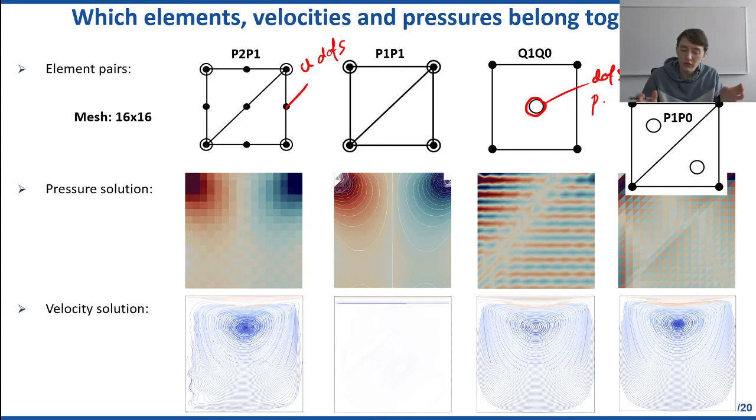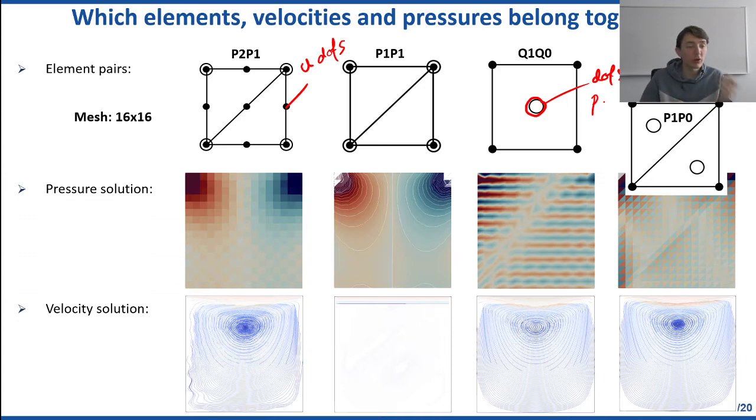So we have a mesh consisting of a bunch of elements. These elements represent shape functions in very much the way that you might be familiar with. So we have these hat functions. And we have different degrees of freedom in each element that either go towards the velocity field or towards the pressure field.